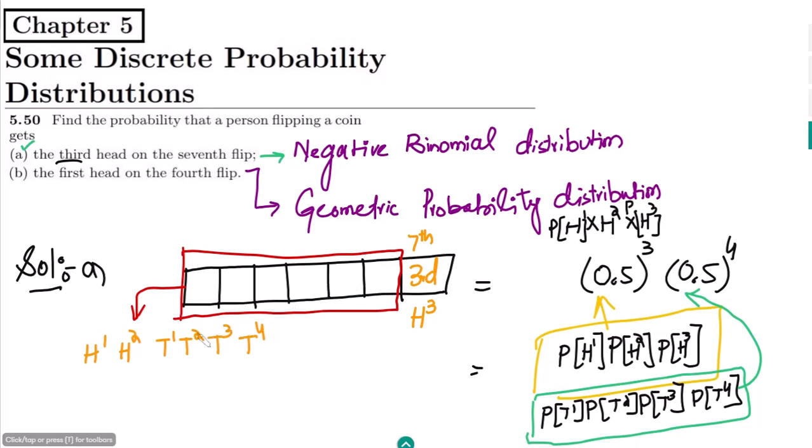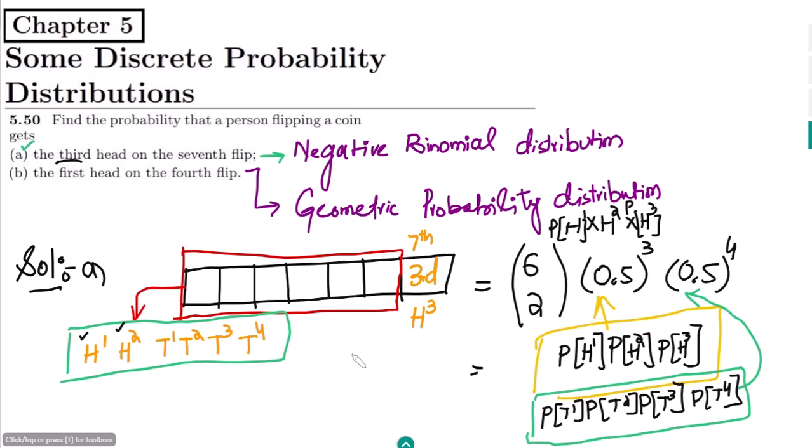Now in order to find different combinations for H1, H2, T1, T2, T3 and T4, because the third head will remain here, the total number of items here is 6. Out of 6 we have to choose the positions for H1 and H2, so it is 6 choose 2.